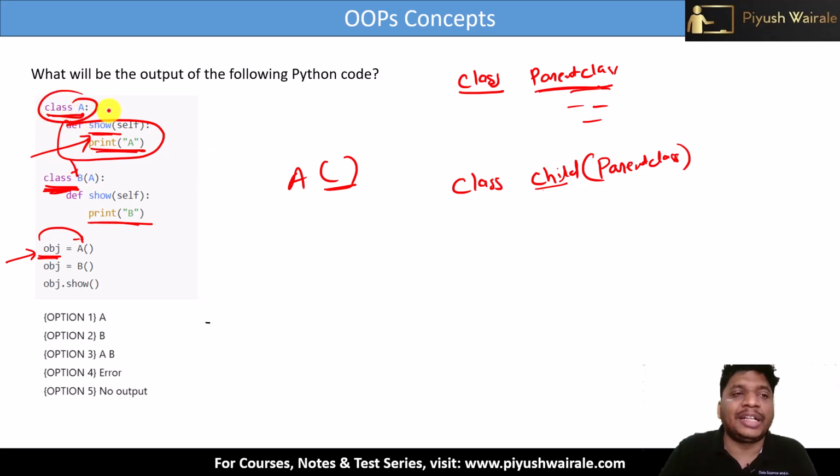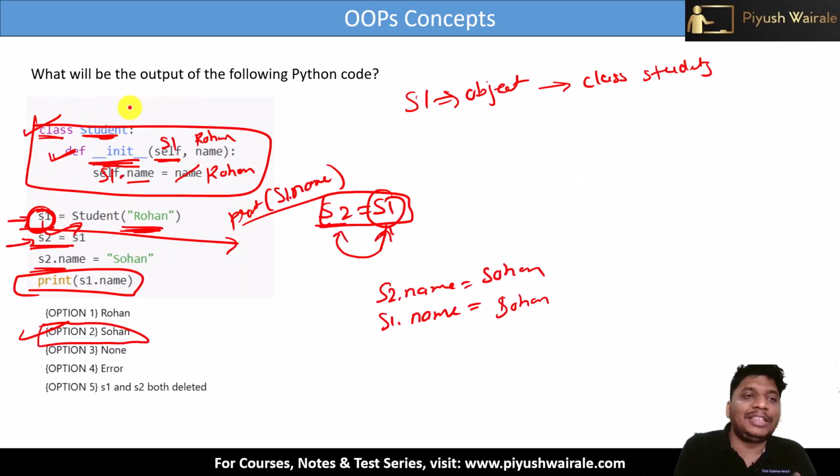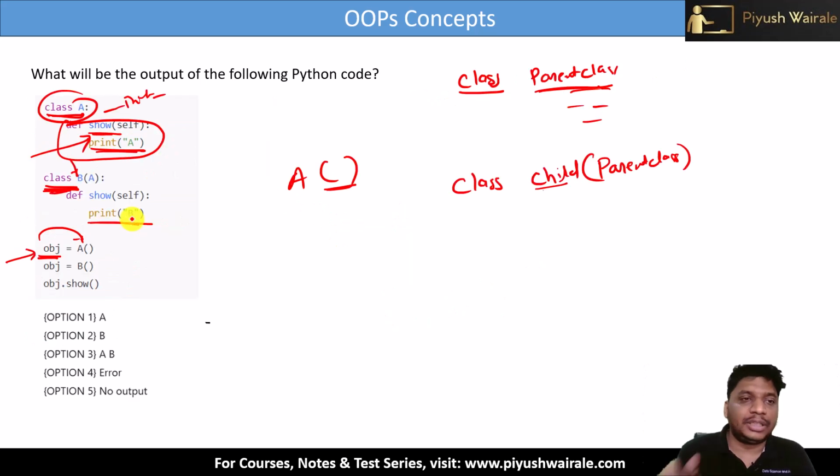We don't have any constructor, that is init, in this particular case. In the previous case, there was a constructor, so it automatically gets executed and requires some input as a parameter. That's why we gave the parameter as an input. If I simply put a bracket here, it will throw an error because name will be required in that particular case. Okay, so I hope you understand the difference here.